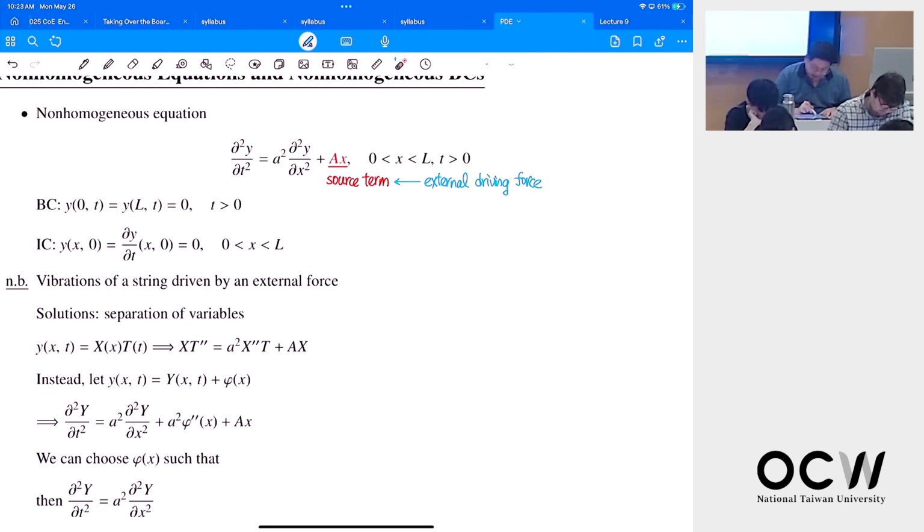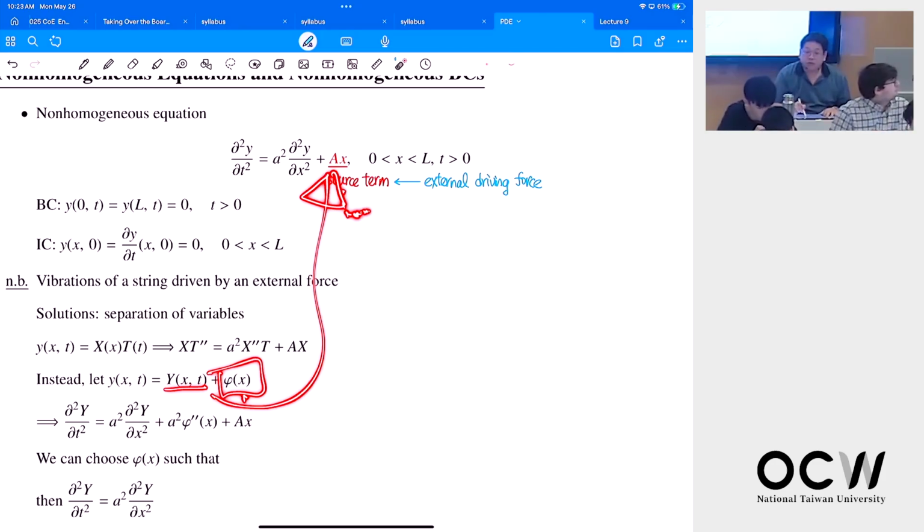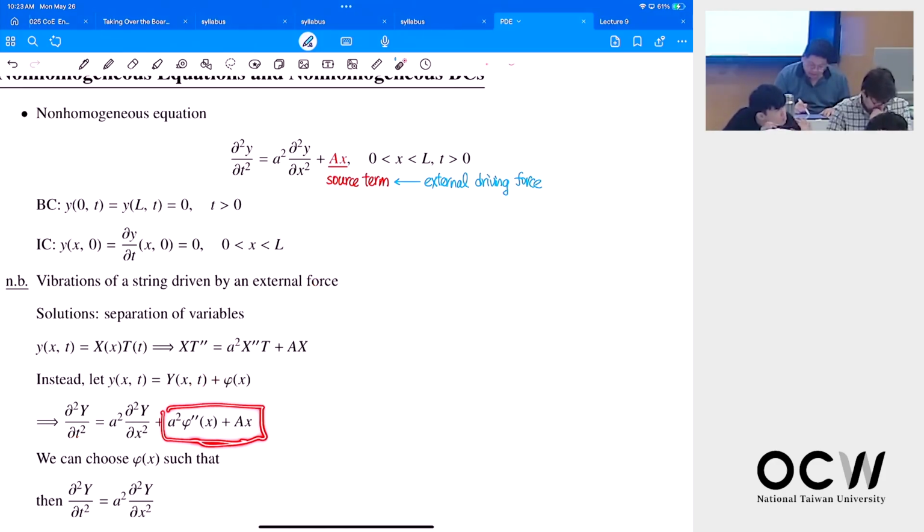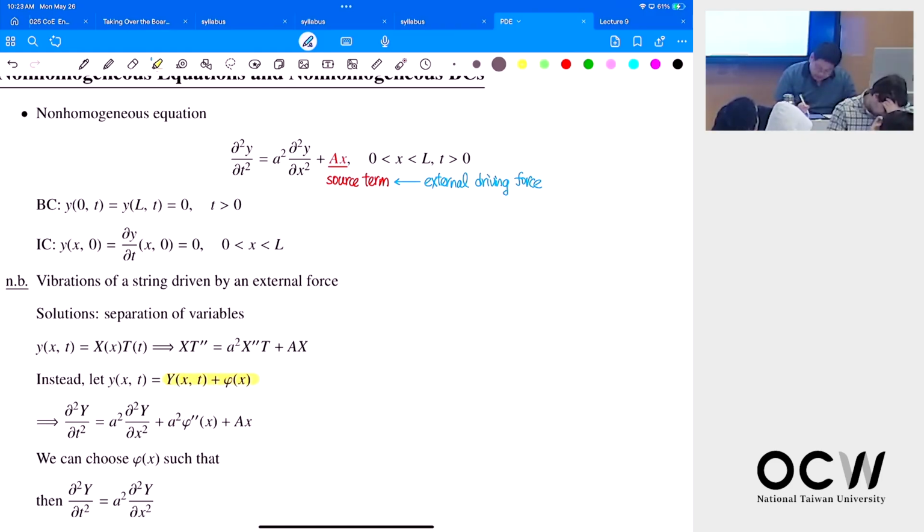So if I have my solution, instead of just the separation of variables, we have y plus the function of x. Bring it back to the original differential equation. And then you will see partial squared y over partial t squared, and actually we have these two additional terms now: a squared phi double prime plus ax. So we still have this term, then we want to get rid of that.